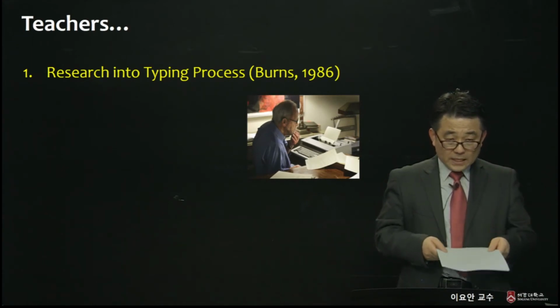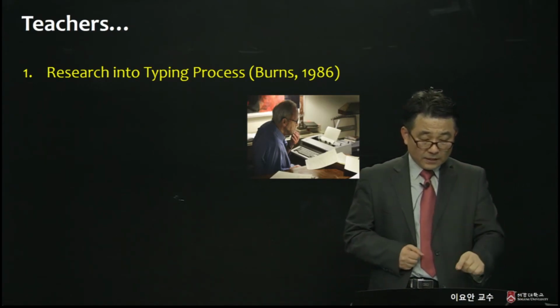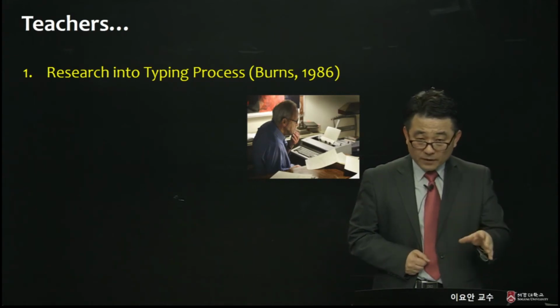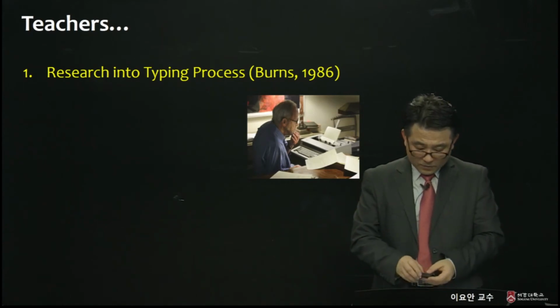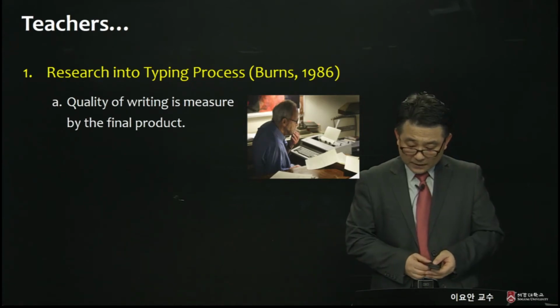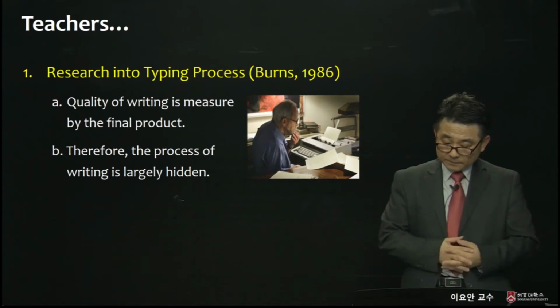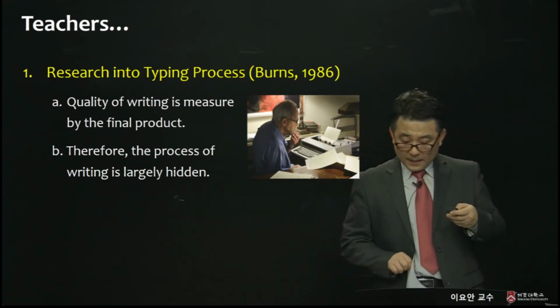So when you read that copy, the readers will evaluate the writing based on the final product, while ignoring the entire process that the writers went through. So quality of writing is measured by the final product. Therefore, the process of writing is largely hidden. So this is the process.